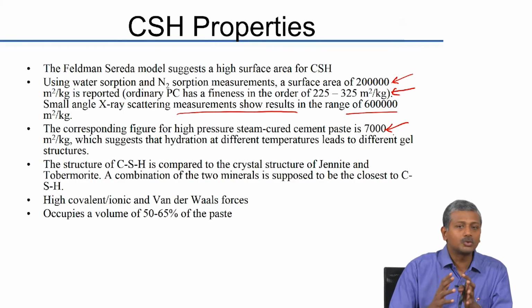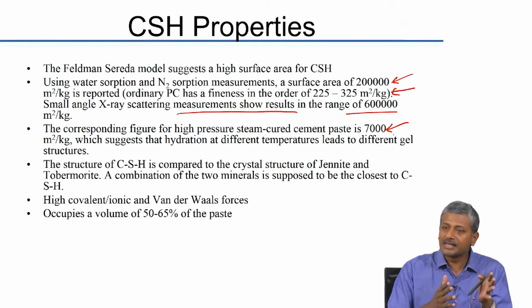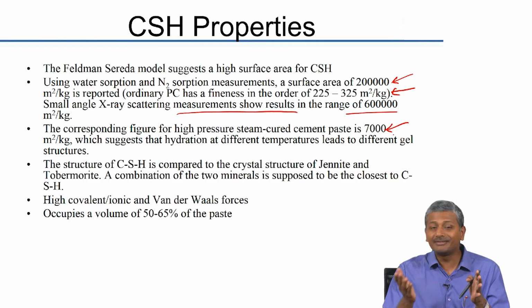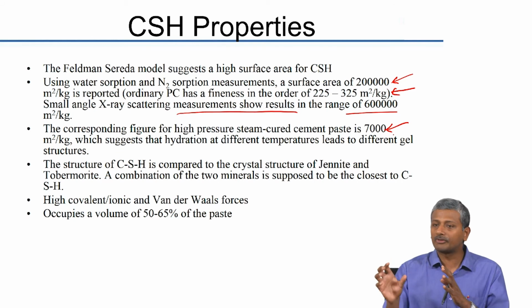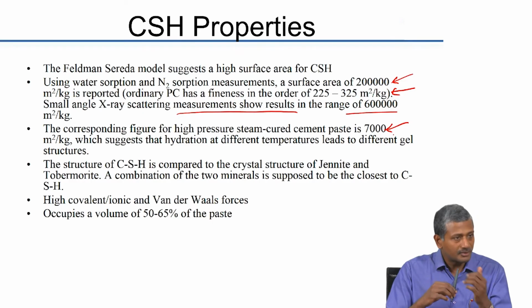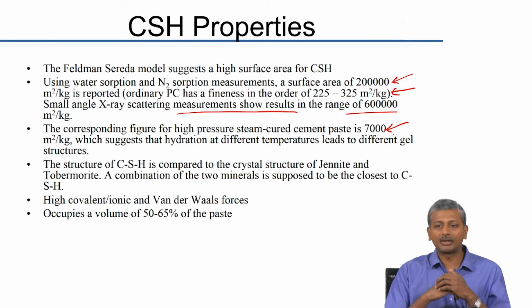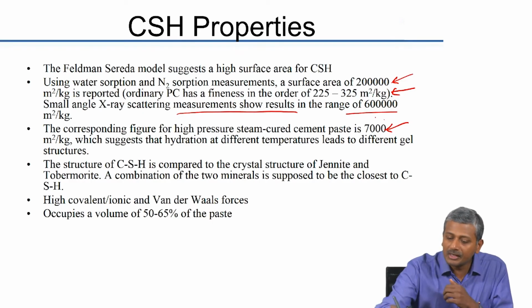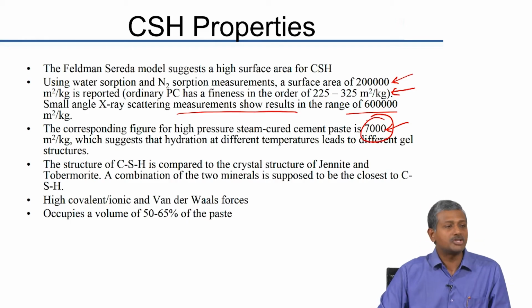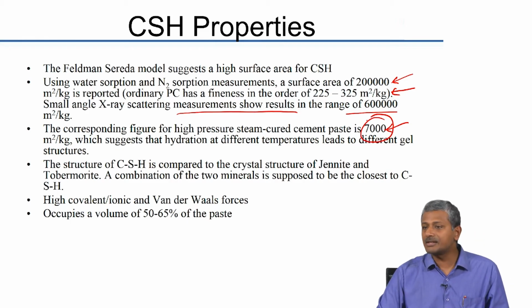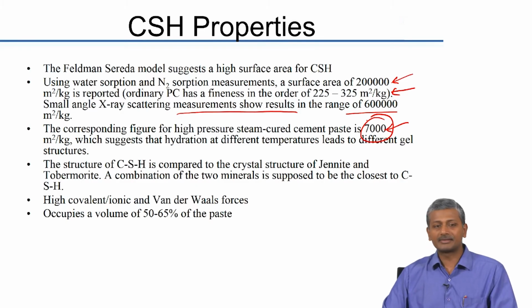Now research has shown that the inner CSH seems to be even denser at higher temperatures. So the problem actually lies in the coarse porosity that is in the outer CSH, and that is of a higher extent in the case of heat curing or steam curing. So this gel surface area that we are actually measuring is of the CSH that is in the outer CSH. The inner CSH we are not really bothering about in this case because we are not having a problem with heat curing in that case.